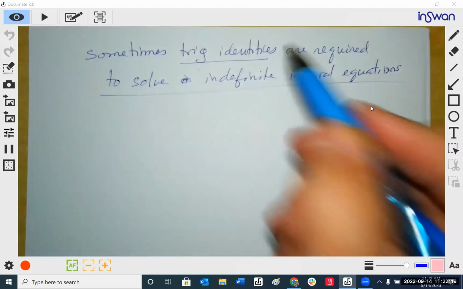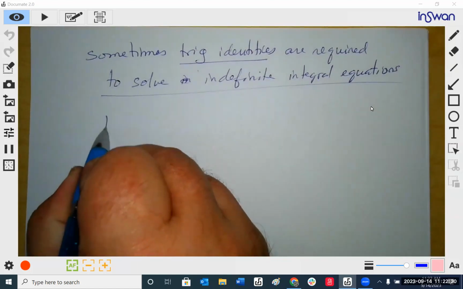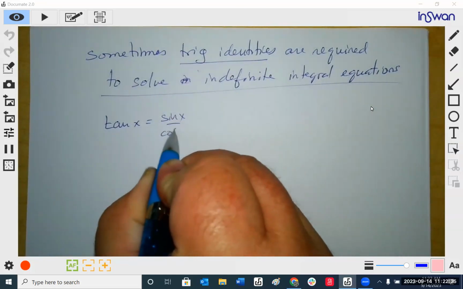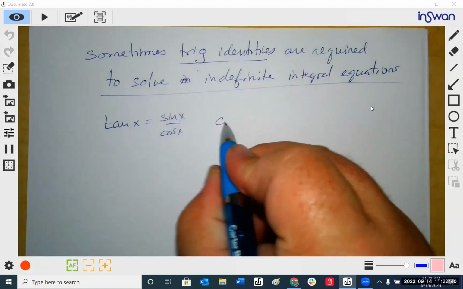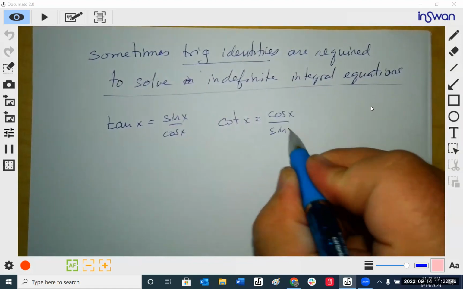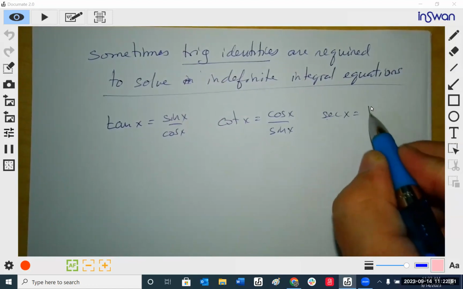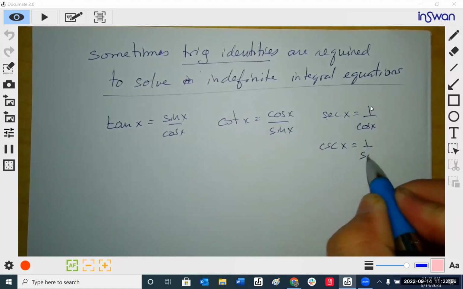What do we mean when we say trig identities? Like tangent is the same thing as sine over cosine. We have the cotangent is cosine over sine. Secant is 1 over cosine. Cosecant is 1 over sine.